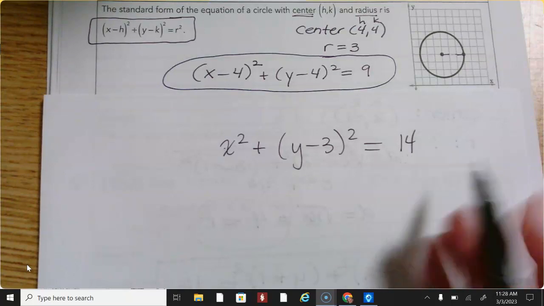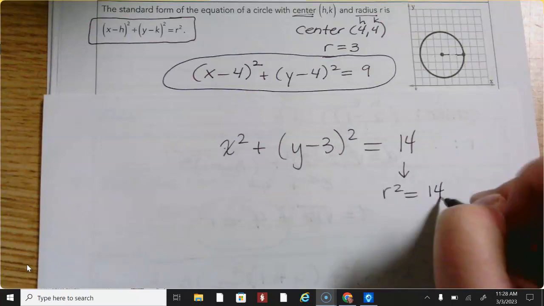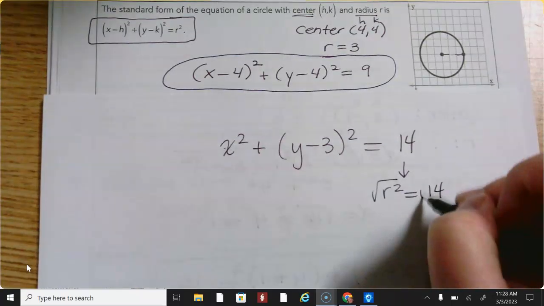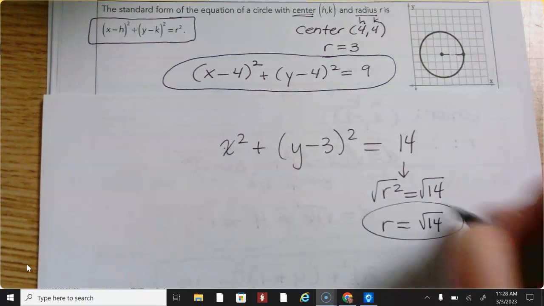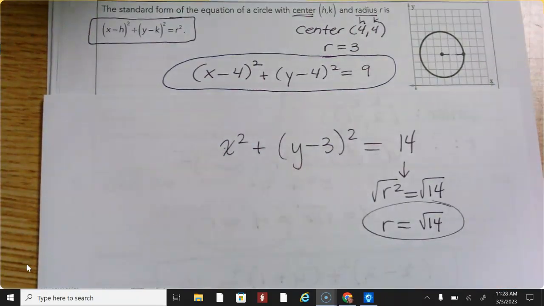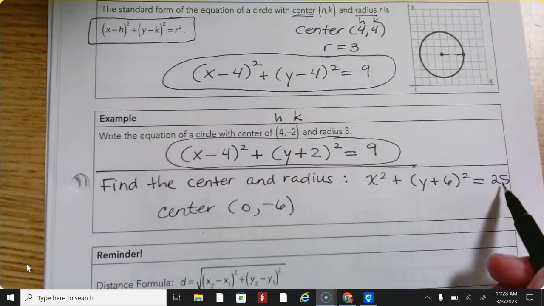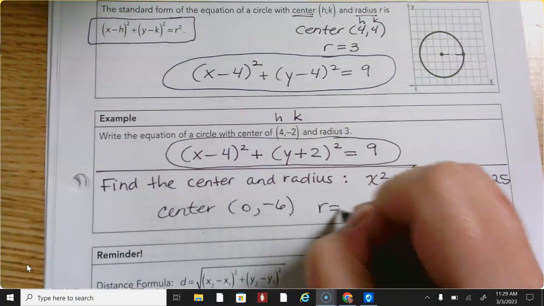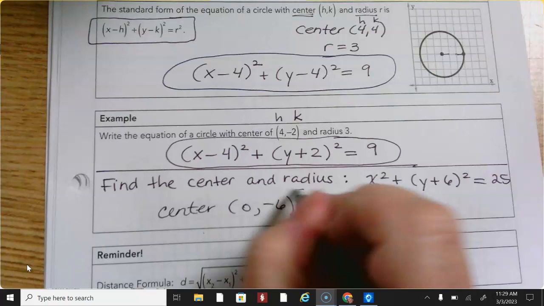So I write r squared equals that number, and then I take the square root. In this particular case, it can't simplify, so r would just be square root of 14. And that can happen. R can be a decimal, r can be a radical. Here it's not though. Here, r is the square root of 25, so r is 5. So those are my answers here.